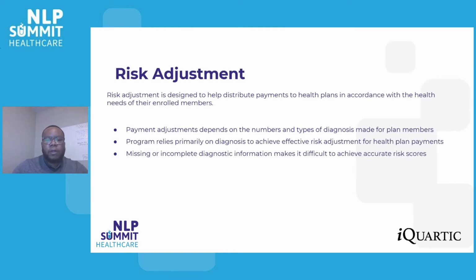To provide a high-level overview of risk adjustment, just to frame the problem space that we're working on. Risk adjustment is designed to help distribute payments to health plans in accordance to the health needs of their enrolled members.